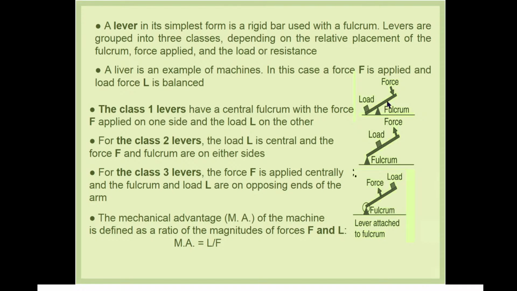Such a combination of the rigid body, the point of support of that rigid body, and forces that are applied to it is considered the lever, that is the simplest mechanism.